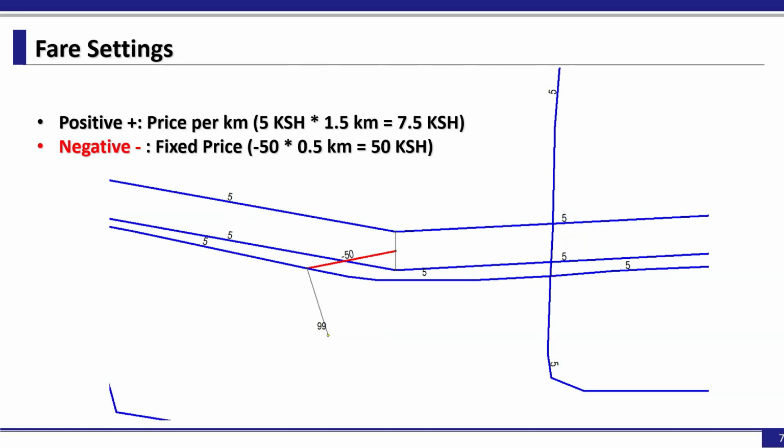Congress. Then why is this -50 applied? You can identify that the positive value in the columns is the price per kilometer. So if this link length is 1.5 kilometers, 5 multiplied by 1.5 equals 7.5 Kenyan shillings will be imposed. And the negative values, regardless of the length, a fixed price will be imposed.